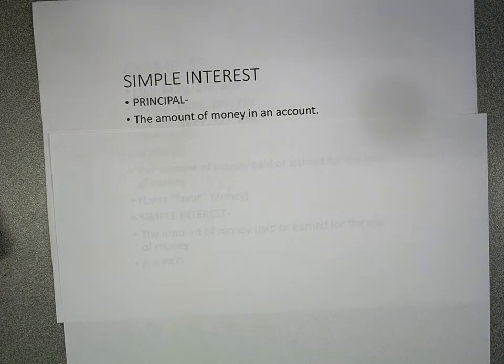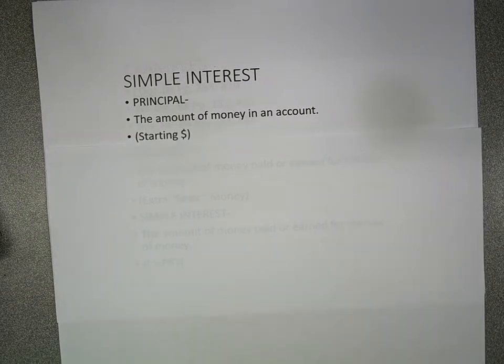So when it says the amount of money in an account, that's what it's talking about, as if you put that money in the account and they're paying you interest. But most of your problems will talk about you borrowing money. The principal is the starting money. That's just, we'll put it in a little box as a little reminder. It's the starting money. Again, it's the $3 or the $500, whatever that money that exchanged hands was, from one person or organization to the other.